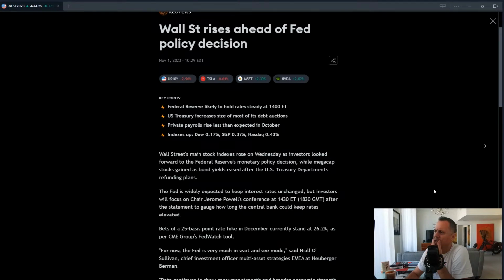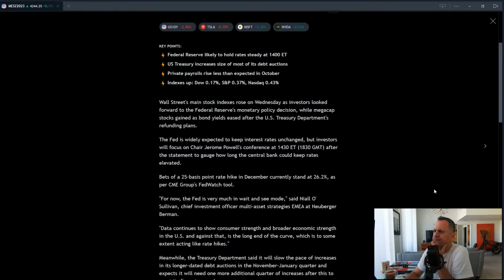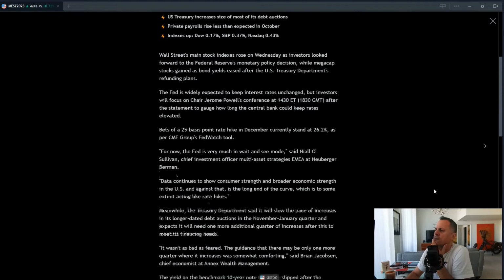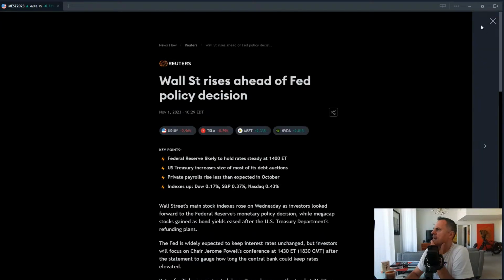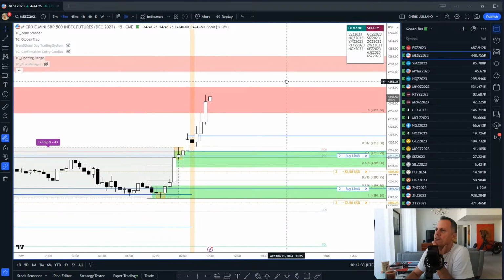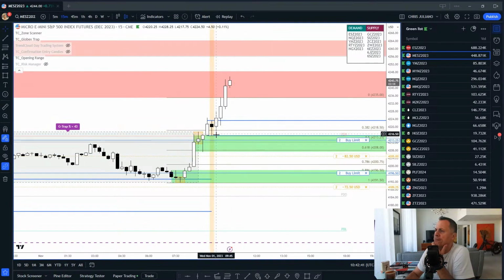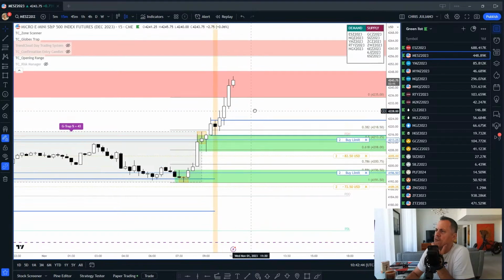Okay, so the news is acting like a catalyst here. Data continues to show consumer strength and broader economic strength in the U.S. So the news is acting like a bit of a catalyst here to push this thing higher. And I don't know, it just may never come back now. We don't know. But we've also got this rally-based rally that just formed here.